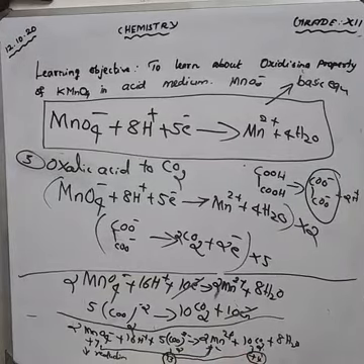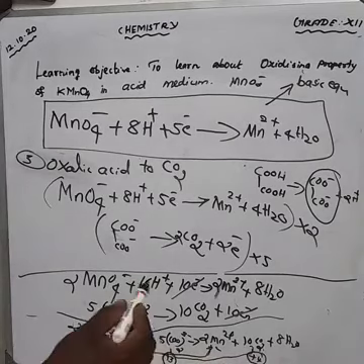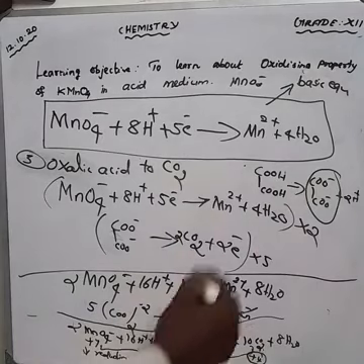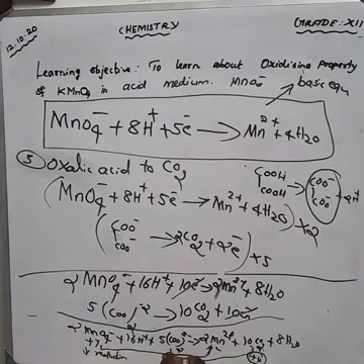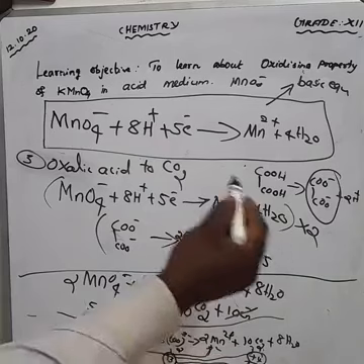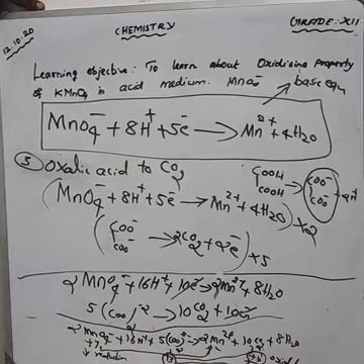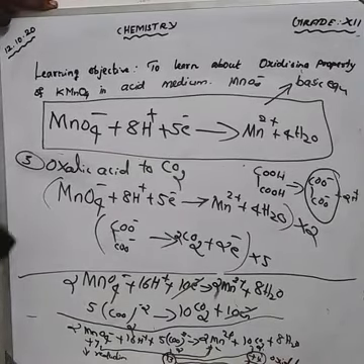You should count and say +3 and +4. Is it a decrease or an increase? +3 to +4 is an increase, so we are giving oxidation. Clear?